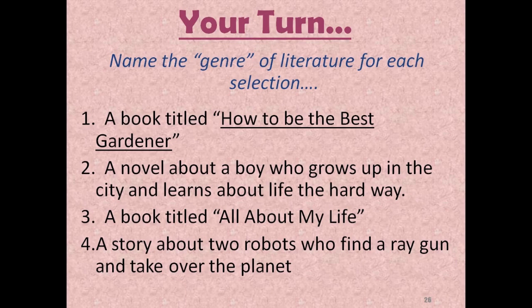This is a short kind of assignment besides homework. Number 2, a novel about a boy who grows up in the city and learns about life the hard way. 3, a book titled All About My Life. And 4, a story about 2 robots who find a ray gun and take over the planet.